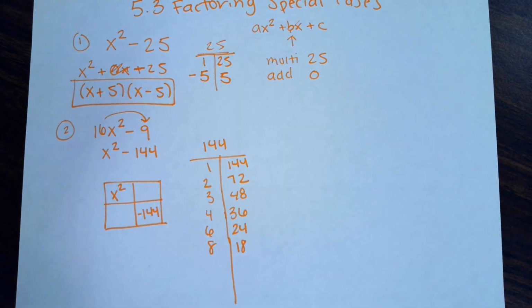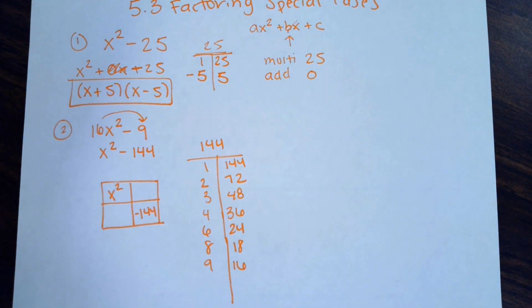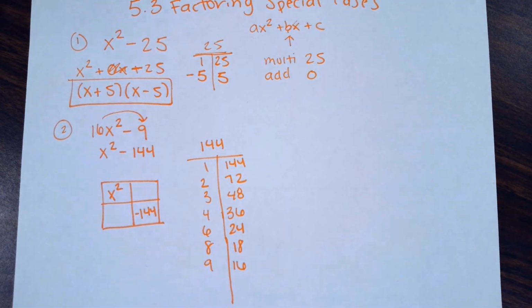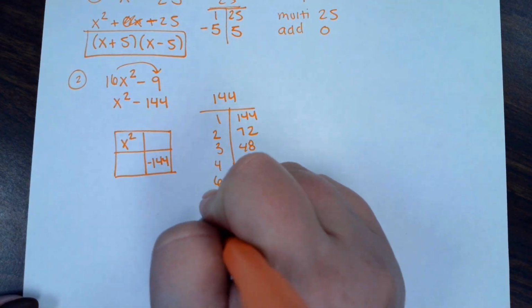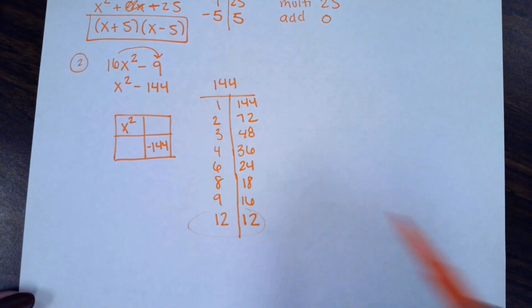Remember, we need our middle values to cancel out. 9 and 16. And we can keep going. Eventually, we will get to 12 times 12, right? Well, ding, ding, ding, we have a winner.